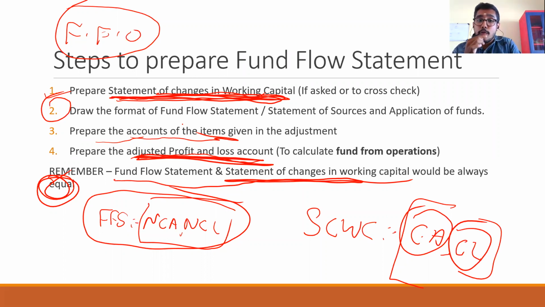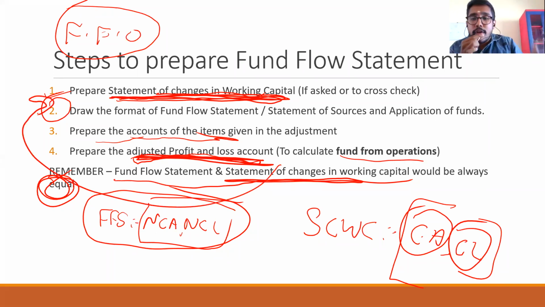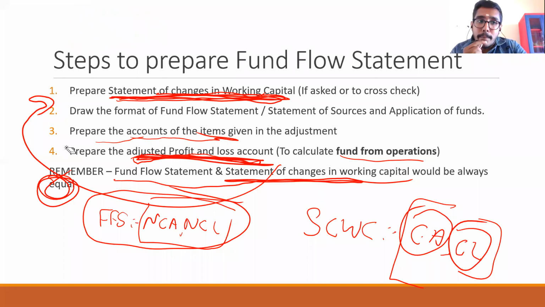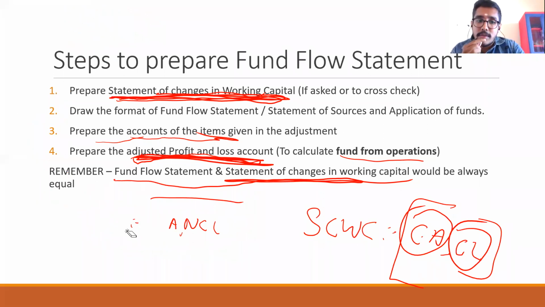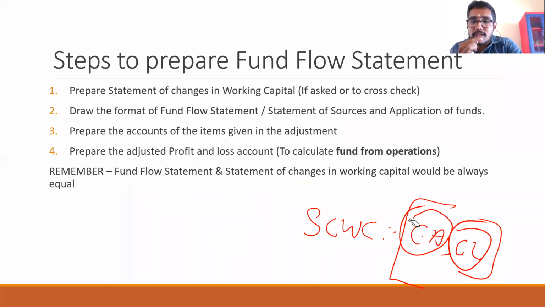Only after that will you be able to prepare the adjusted P&L account. After preparing it, you will get fund from operations, which can be plugged into the fund flow statement. While doing this, it is very easy. I just wanted to give you a big picture of the fund flow statement, so that you do not have any confusions.